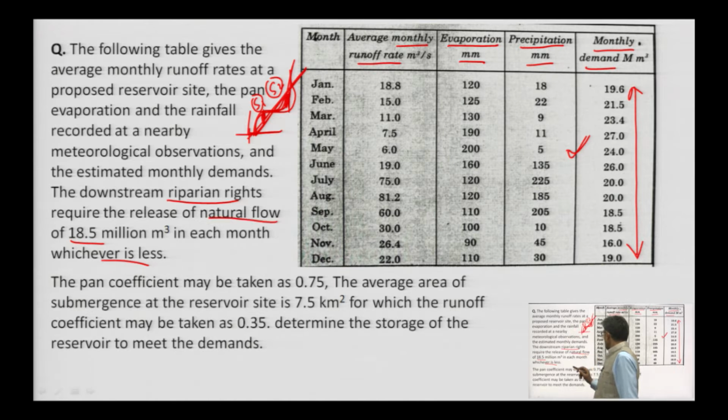The pan coefficient is 0.75. The average area of submergence of the reservoir is 7.5 square kilometers, for which the runoff coefficient may be taken as 0.35. Determine the storage of the reservoir to meet the demands.